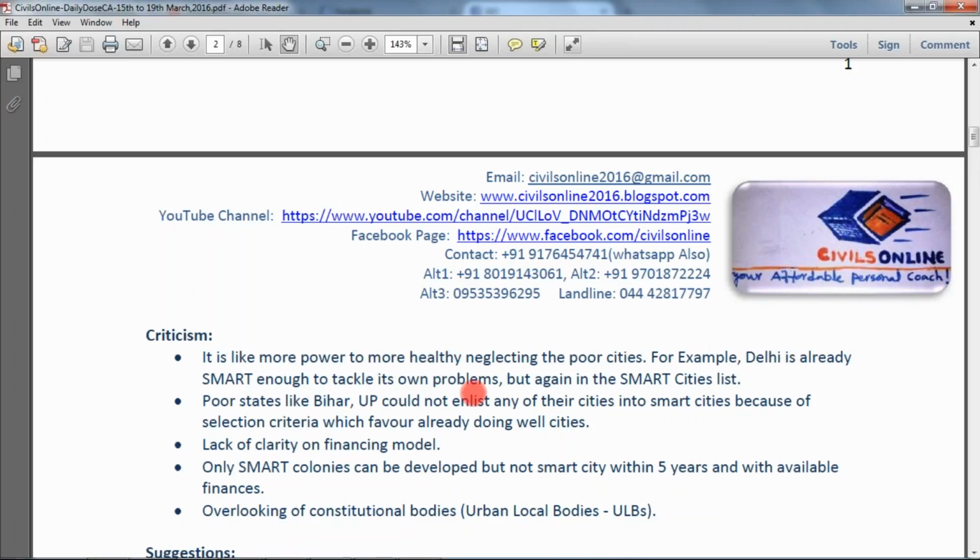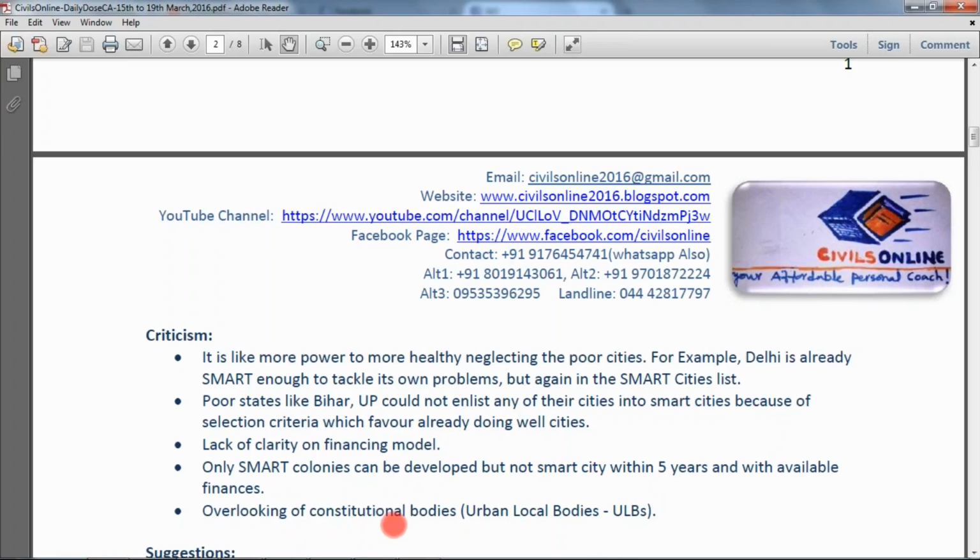For example, Delhi is already smart enough to tackle its own problems, but it is still in the smart cities list. And poor states like Bihar and Uttar Pradesh could not enlist even one city in the smart cities list because of the selection criteria, which favors cities already doing well. There is also a lack of clarity on the financing model, and only smart colonies can be developed, not a smart city, within 5 years and with available finances.